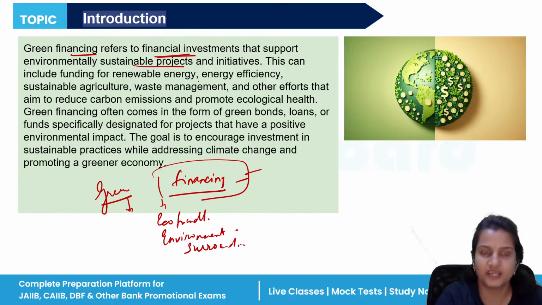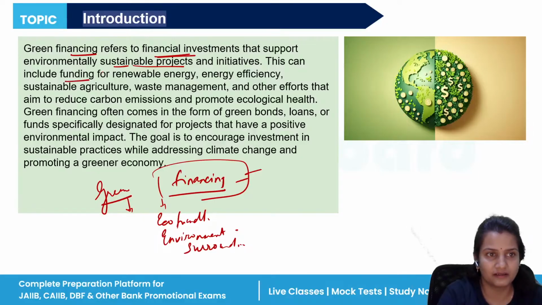Green financing again refers to financial investment that supports sustainable projects. Sustainable means what? It means that what we are using today, we should take care of that. The present generation should use, and the future generation should also use those resources in a good manner. Our resources should not be depleted anymore. That is what sustainable means.